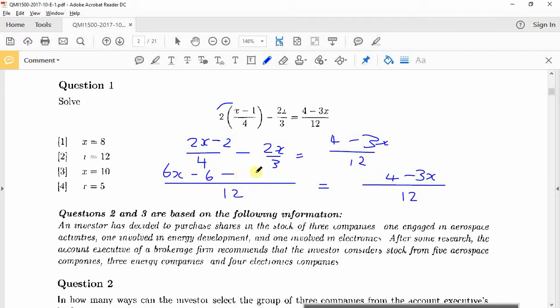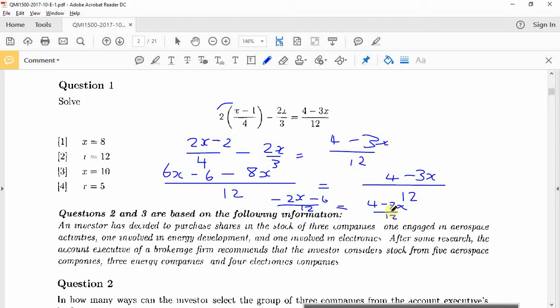Then negative. How do I get a 3 to a 12? Times it by 4. 4 times 2 is 8x. So that gives me 6x minus 8x, which is minus 2x, minus 6 over 12 equals 4 minus 3x over 12.